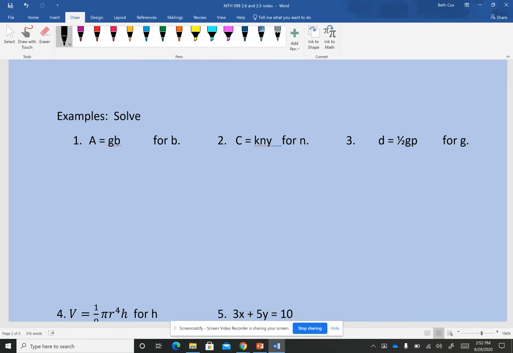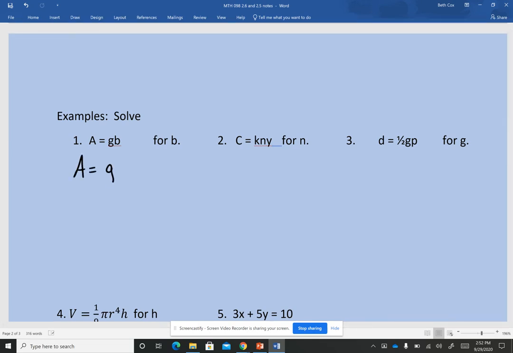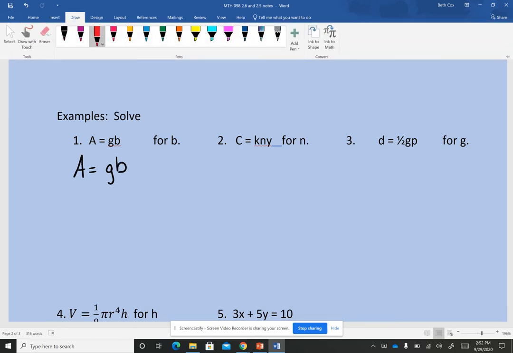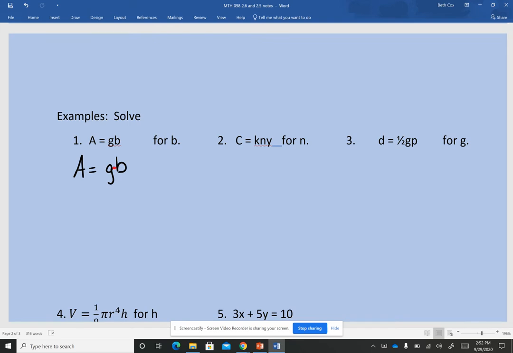That's what it means to solve for b. So I need to get b by itself. In my problem, b is attached to a g, and it's attached through multiplication. So to get b by itself, I'm going to divide by g. That cancels out, that's a 1, and I get b.